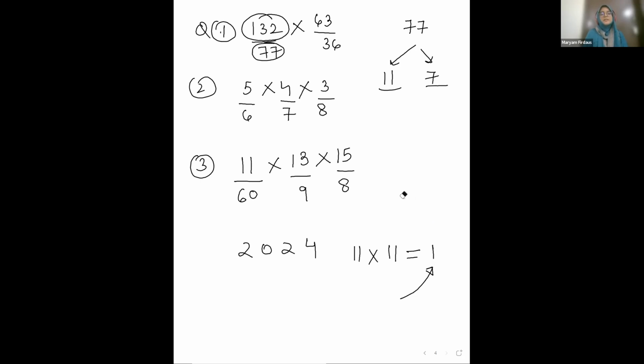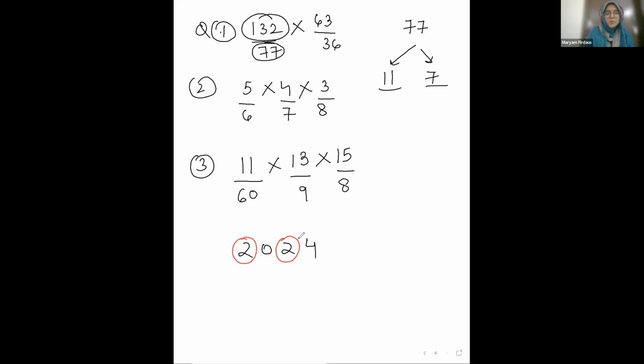The divisibility test for 11, as you must have studied in your 6th grade, is this: you take numbers at alternate places, one number skipping one number.